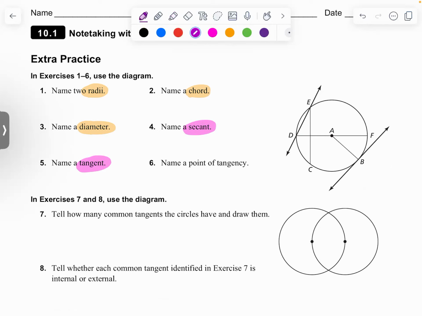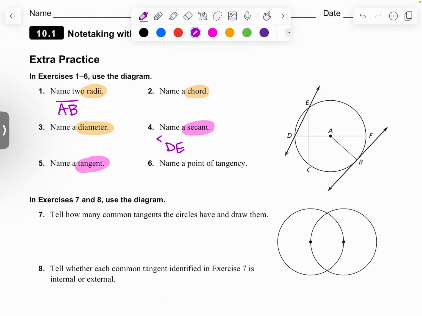So a radius would be like the segment AB. However, if I'm naming a secant, I would have to name the line DE. Do you see the difference in how I'm naming them? Segment versus line? Make sure your notation matches what it needs to. It will be very important for you to check your answers to make sure that your notation matches mine. Does that make sense?